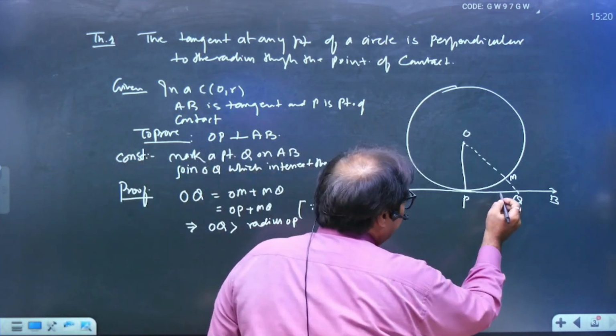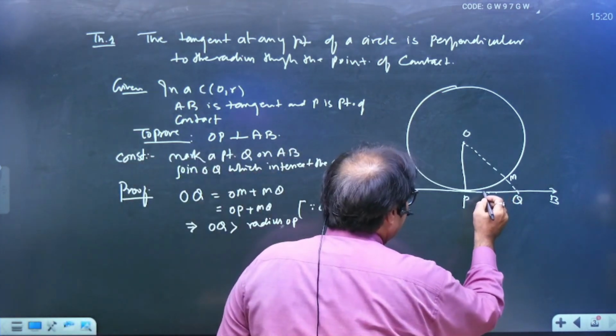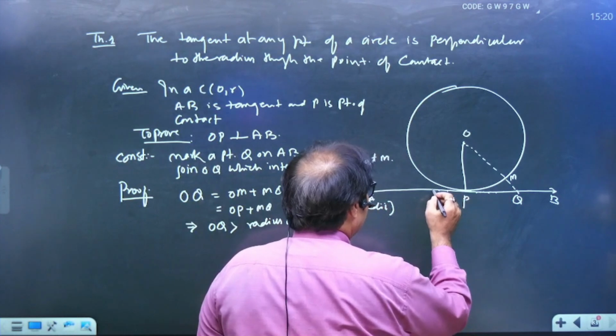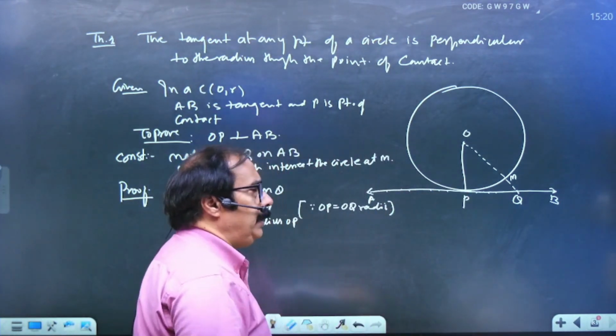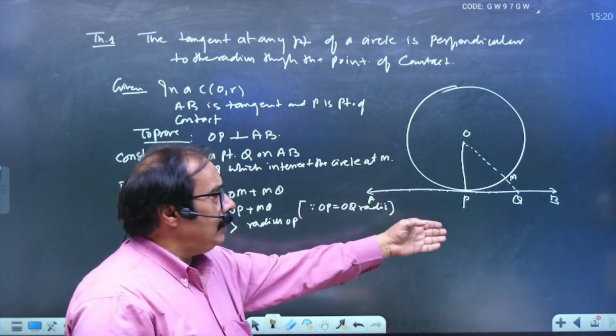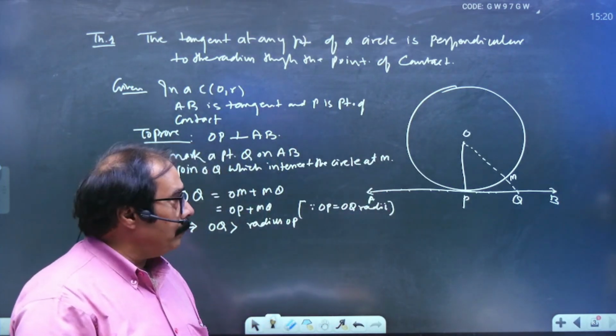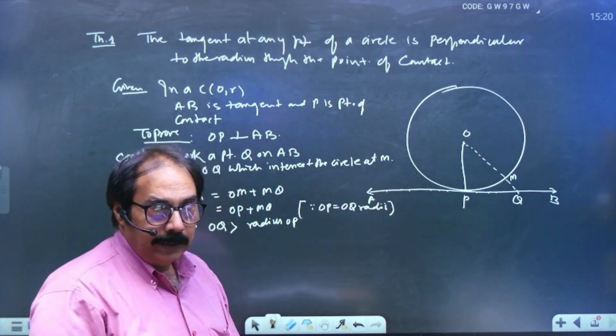Similarly, if we mark any point on this line AB, except the point P, and join it from the center, it will be greater than the radius.